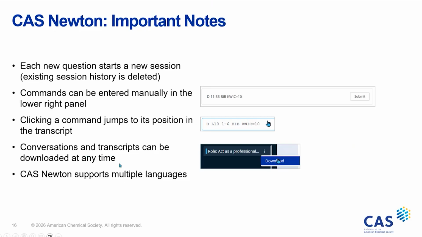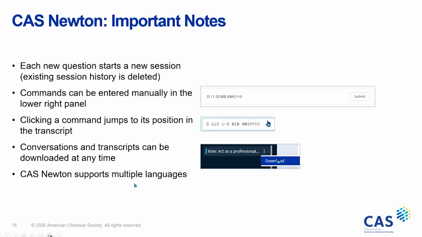Also, just important to remember that conversations and transcripts can be downloaded at any time. You will receive a zip folder, and that contains 2 files. One is the conversation, and the other one is the raw transcript. So one for the left-hand side, one for the right-hand side, 2 files that you will be able to download from the history panel on the left.